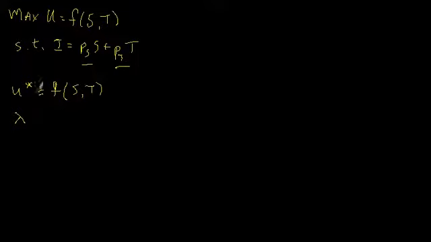So we form this new function U star. It's equal to the utility function plus lambda times the income constraint written in a form that's equal to 0. So we want to write this function as PS S plus PT T minus income.